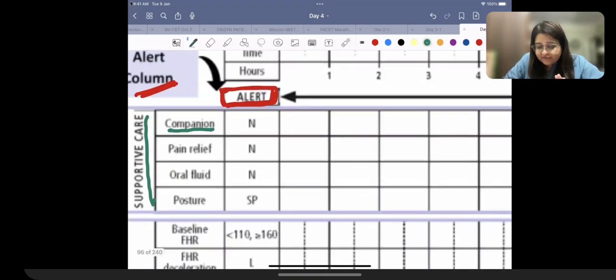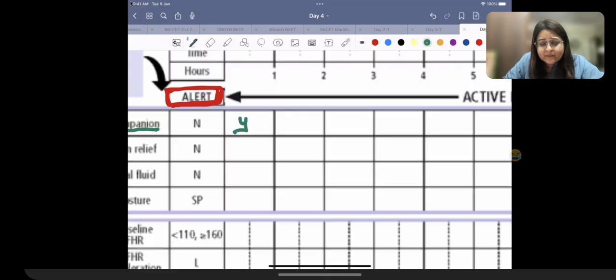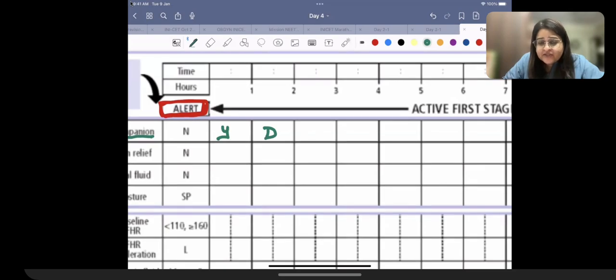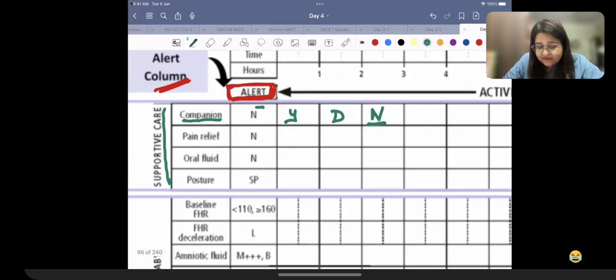Okay. If she has a companion, you write yes. Suppose the patient says, I don't want a companion, I want to be left alone, leave me alone. So you write D. D means declines. Okay? Suppose the patient says no, I want somebody to be here, but you don't offer her a companion, because you have nobody to give, the labor room is very busy. So you write N. N is an alert.